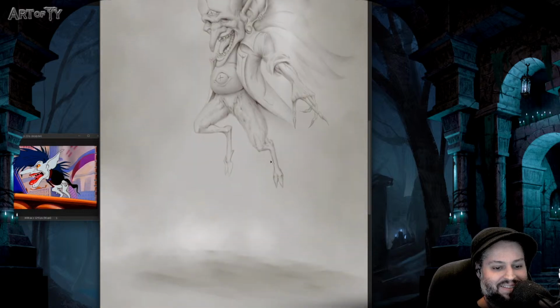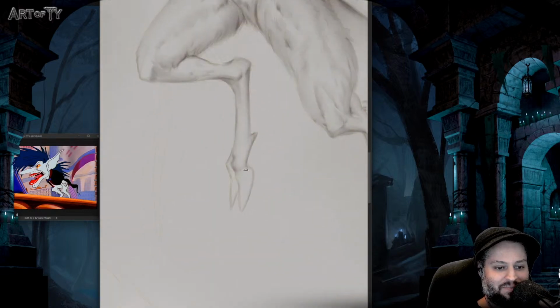All right, let's get this foot figured out. I'm almost done with this leg. It feels silly to not just finish this part. It's so close to being done.